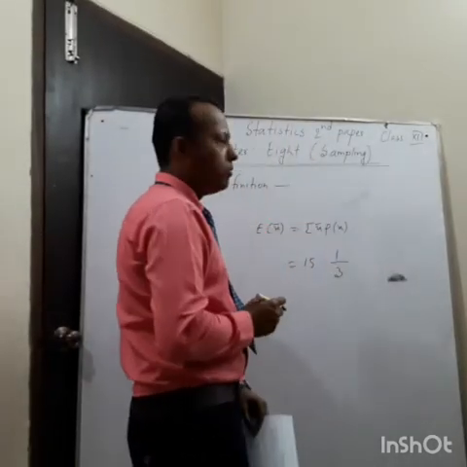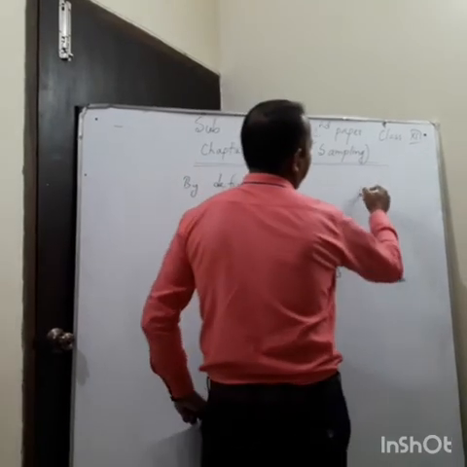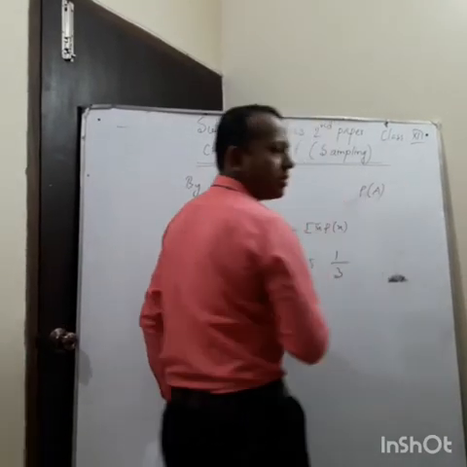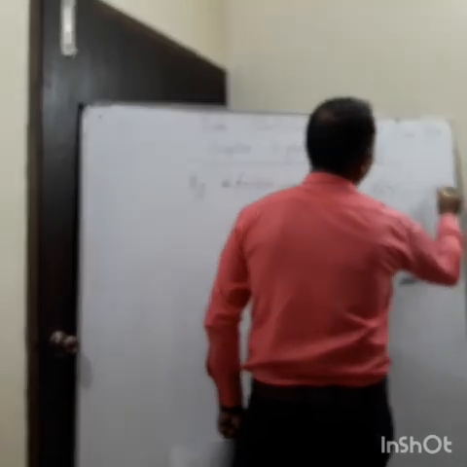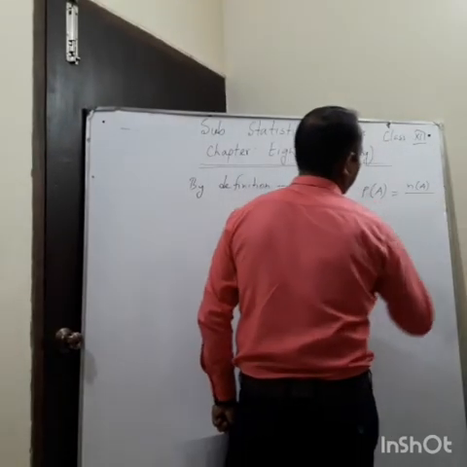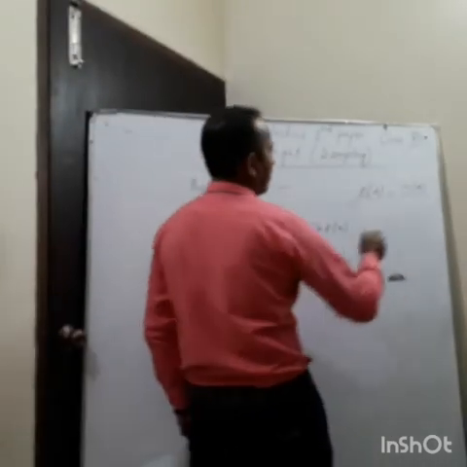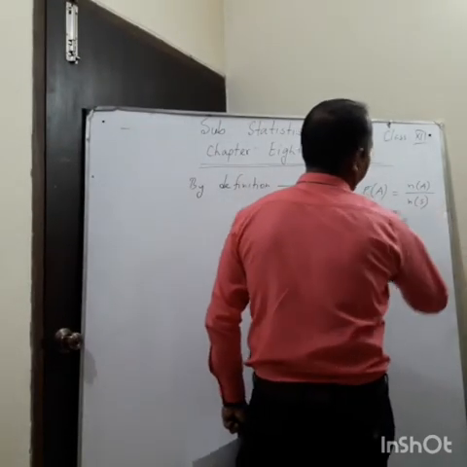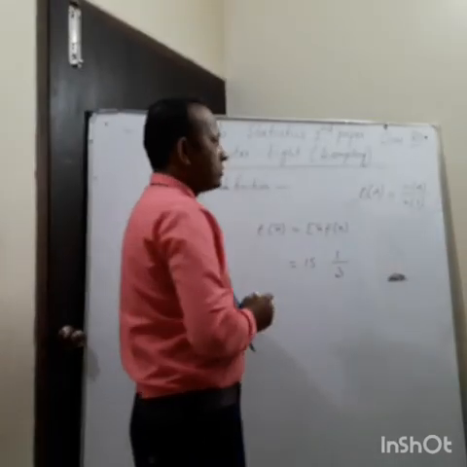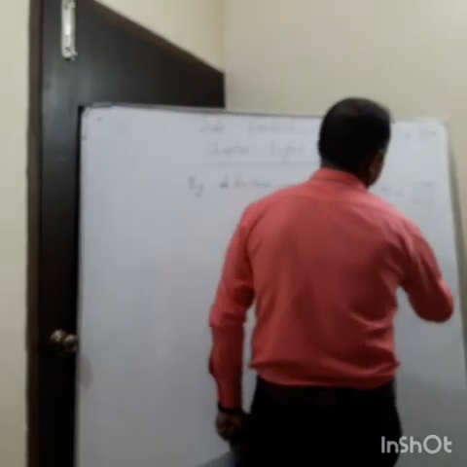Why? Because we know that probability of an event is equal to number of all elements of an event divided by number of elements of the sample space.